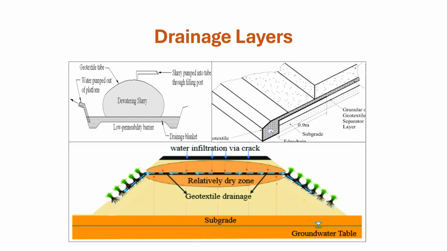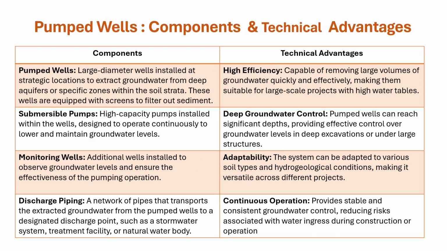And in this figure, you can clearly see how these drainage layers are installed. This is the geotextile drainage, and here is the water, where the water goes through the cracks, and then it reaches the geotextile layer where it goes down, and then we have a relatively dry zone below the geotextile.